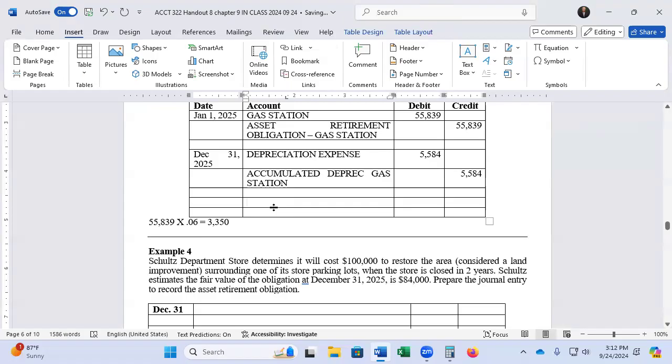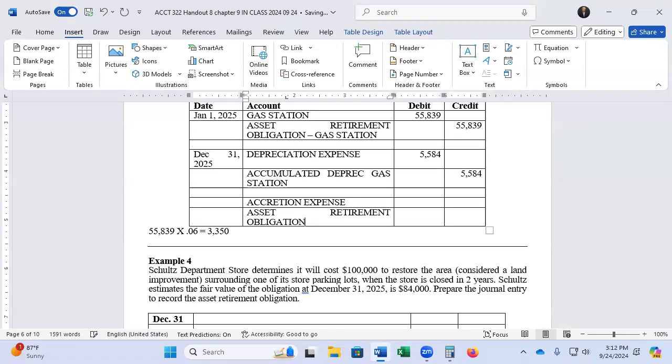And so here we have accretion expense and asset retirement obligation for the gas station. And that's 3,350. So you have to do two parts. One, you have to depreciate it. And then also you have to accrete the obligation so that it's at 100,000 when we retire this asset.